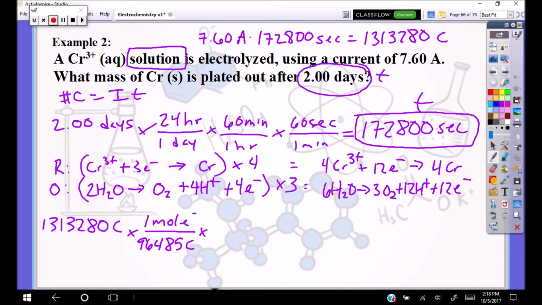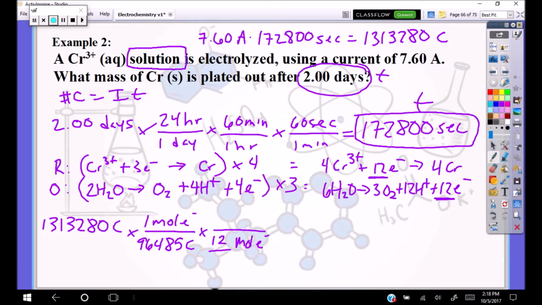But now we've got to figure out how to cancel out moles of electrons. Where should I put my moles of electrons? Well, to cancel them out, I know they have to be on the bottom. The question is, what do I put here? Well, we just spent all that time balancing. Our coefficients are going to come in handy here. So we know we have 12 moles of electrons in this reaction.